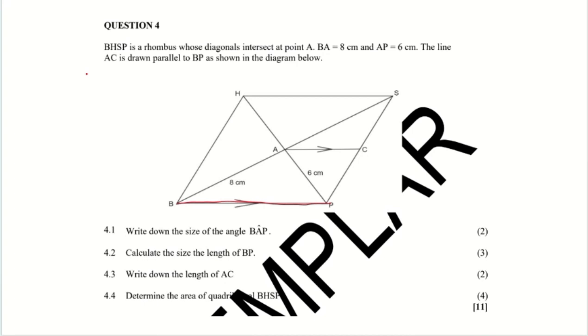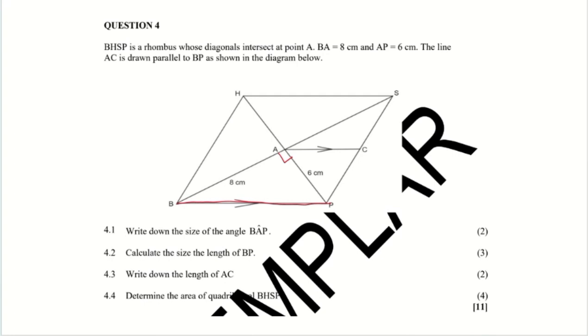So BP is part of triangle BAP, right? But remember, in 4.1 we found out that angle BAP is equal to 90 degrees. So this makes triangle BAP a right-angled triangle.